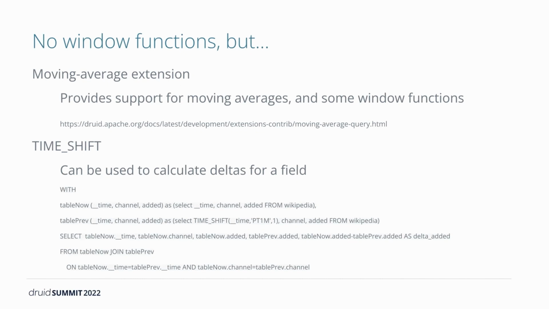So it's kind of a trick for calculating deltas. And I've included an example query in case anyone is looking for this particular thing to refer back to and kind of work from. So these are a couple things that might help you out if those are particular things that you need in the area of window functions.